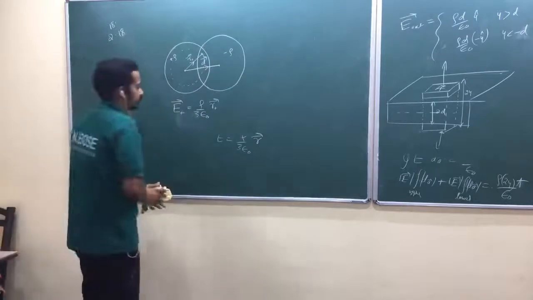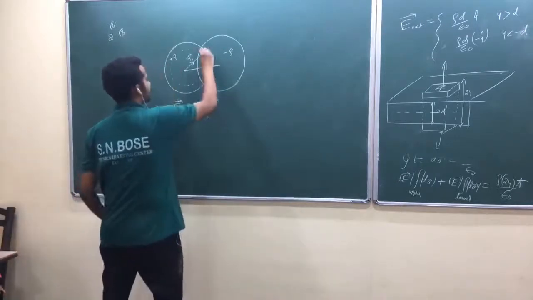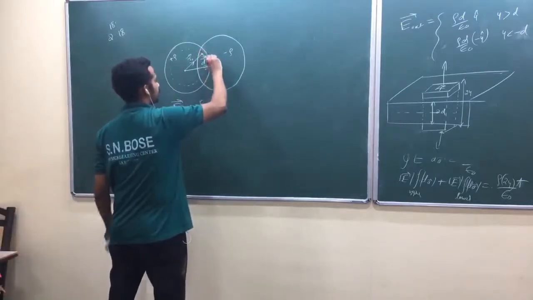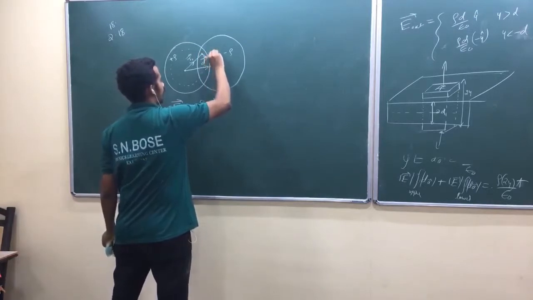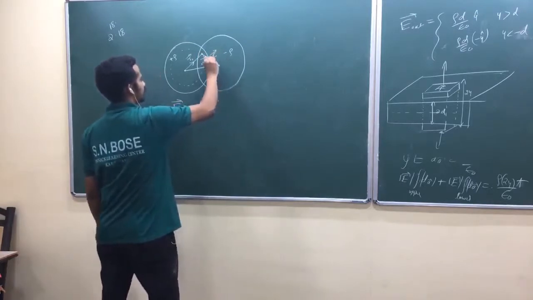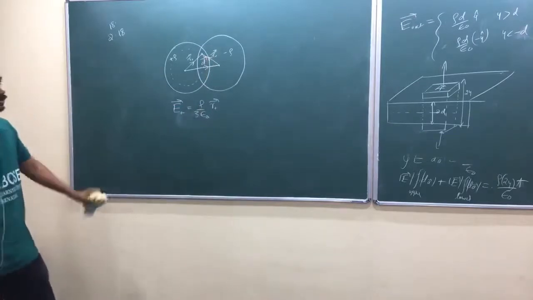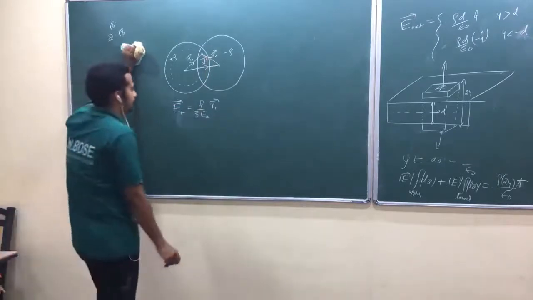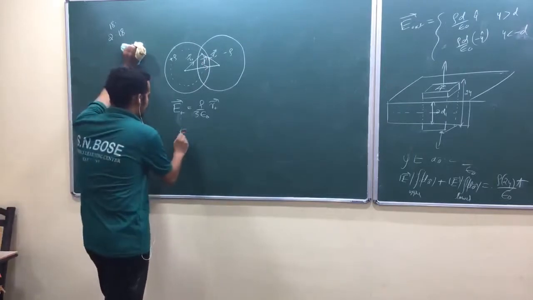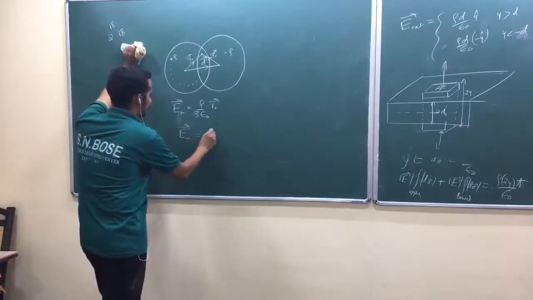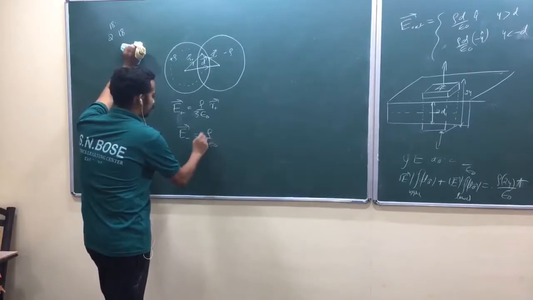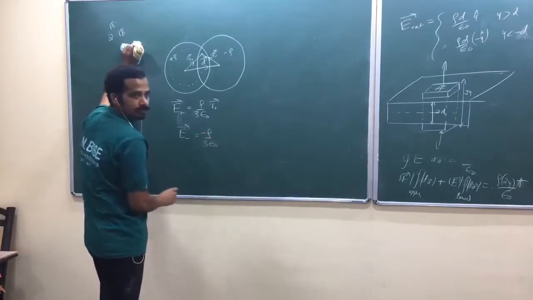Assume there is no positive sphere. And at this point, let me take this at a distance r minus from the negative center. So now, the electric field due to that one is rho by 3 epsilon naught, with minus rho, isn't it?